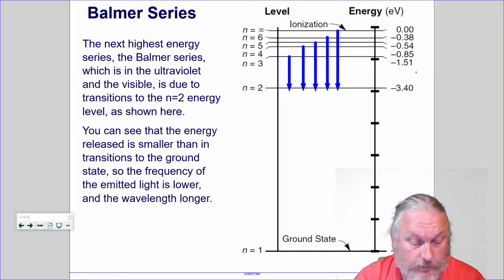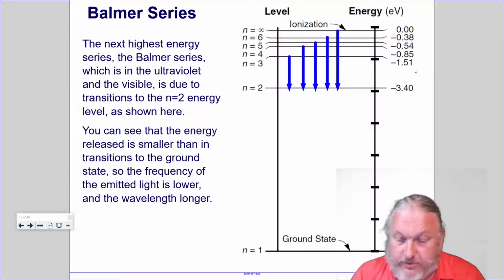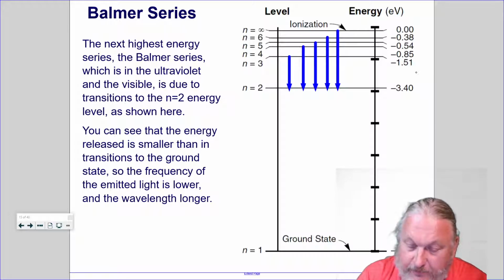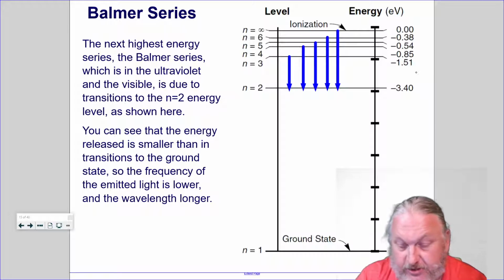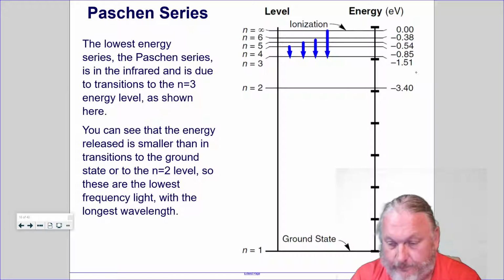You're going to get 1.89. And if we were to run those through our formulas, you're going to go right along the Balmer series as far as the wavelength. So the energy released is smaller than in transition to the ground state. So the frequency of the emitted light is lower and the wavelength is longer.